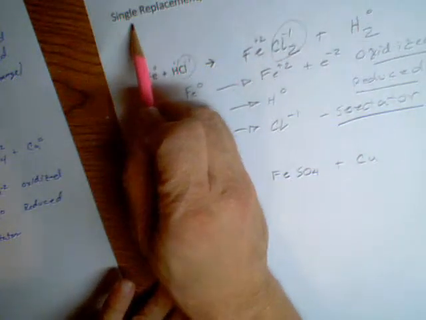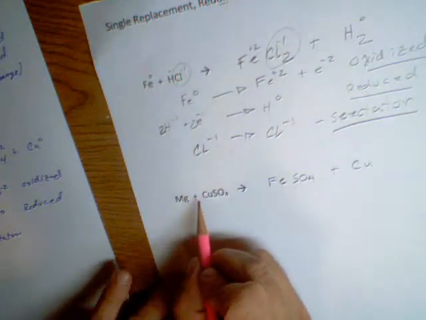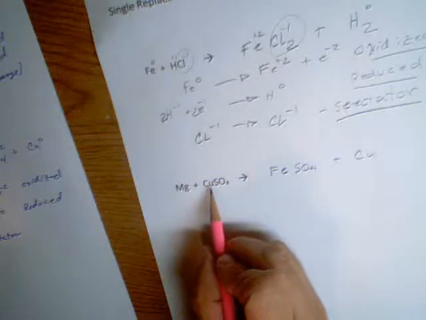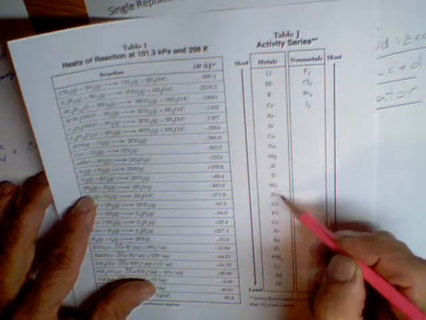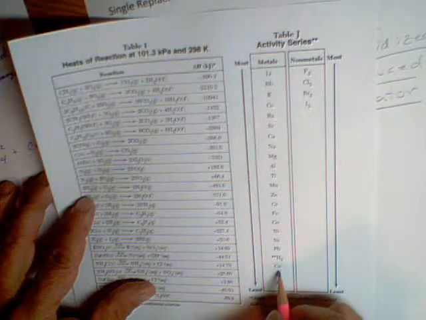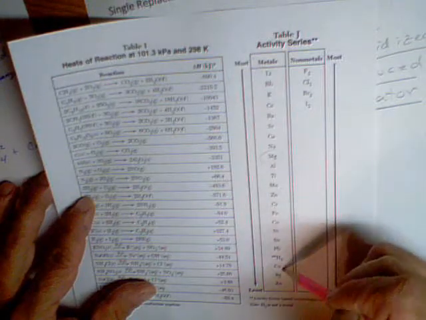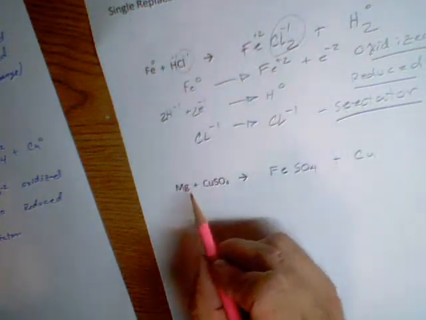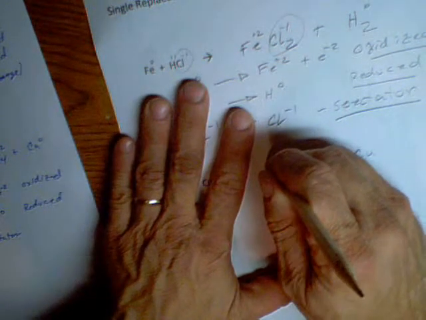This is a single replacement reaction. All we're doing is replacing a less reactive metal with a more reactive metal. See, copper is way down here on the reactivity series. Magnesium is way up here, so it's much more reactive. So it's going to replace it. We're replacing the copper with magnesium.